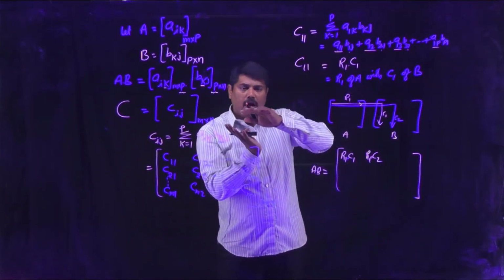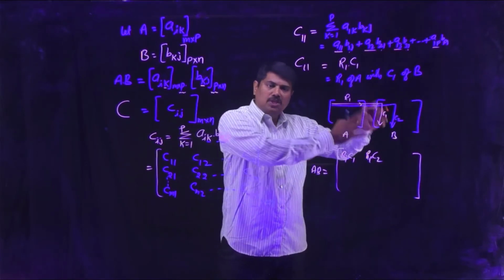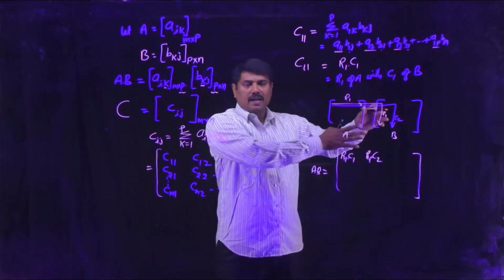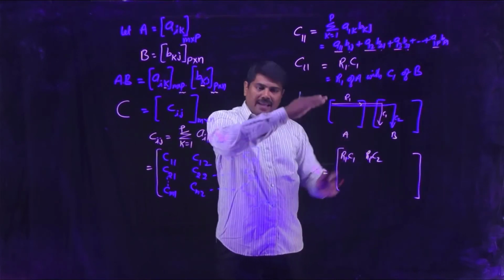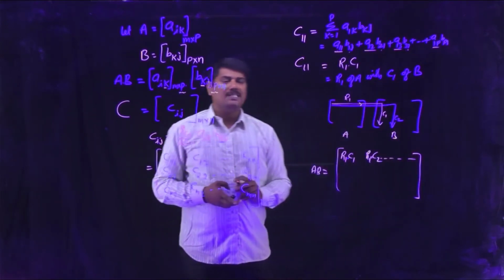If you take the first row, you multiply it with all columns of the second matrix, then you come to the second row and go through all possible columns.